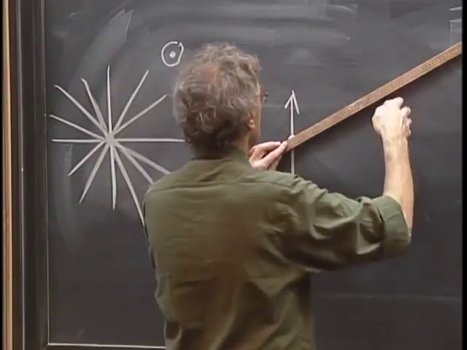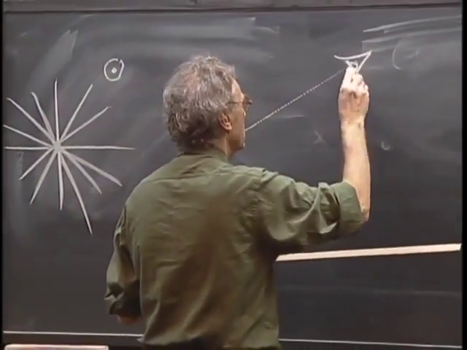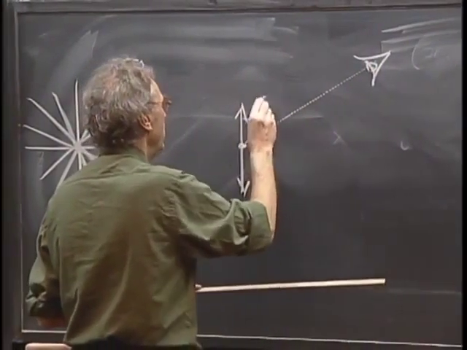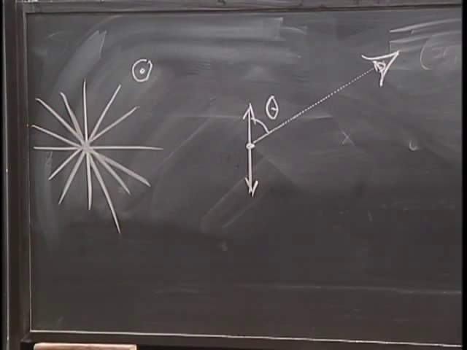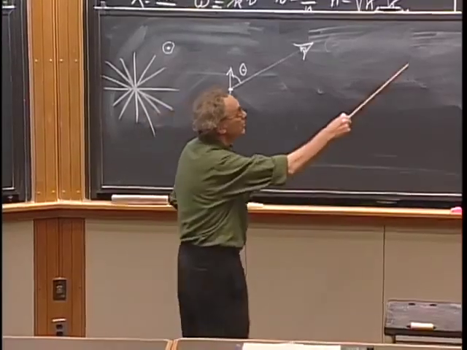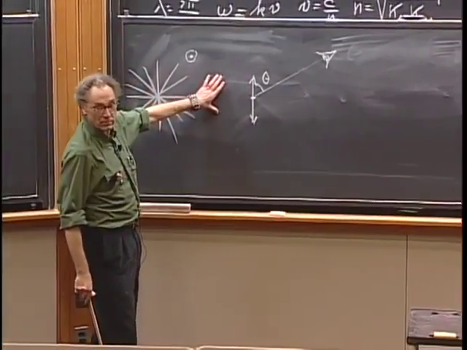And where are you? Well, you are here. You're looking. And this angle is theta, the same angle theta that I had there. What will you see? E is in the plane through R and A. So it's in the plane of the blackboard.